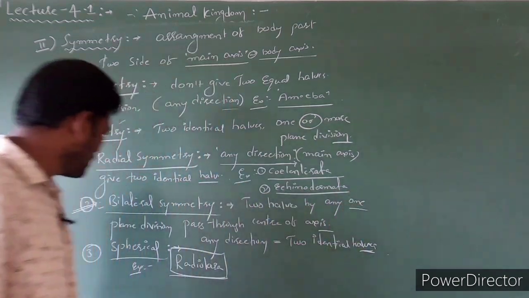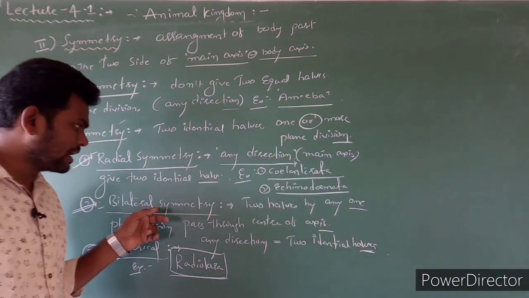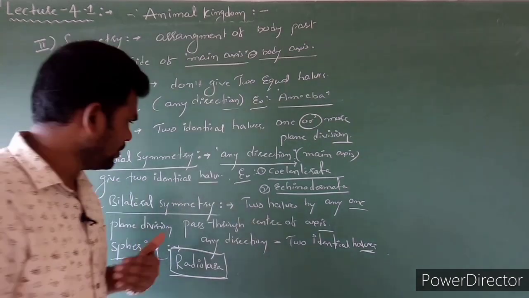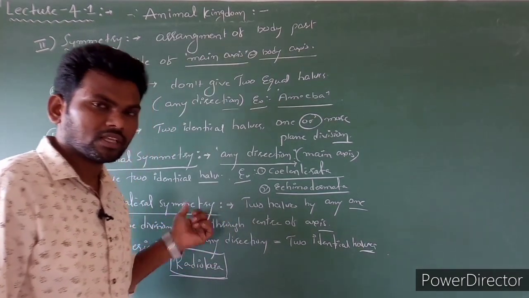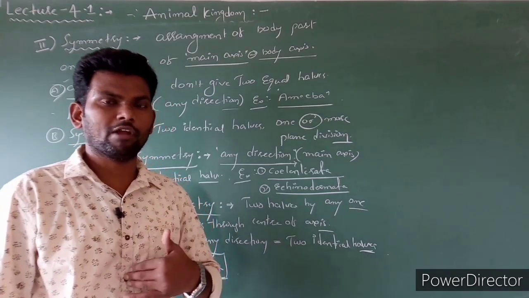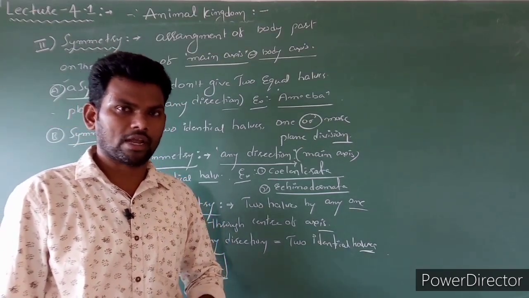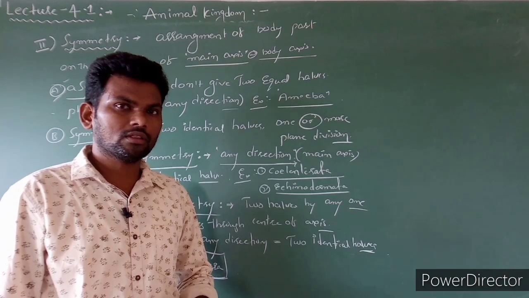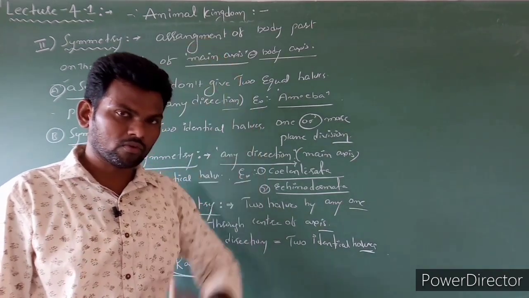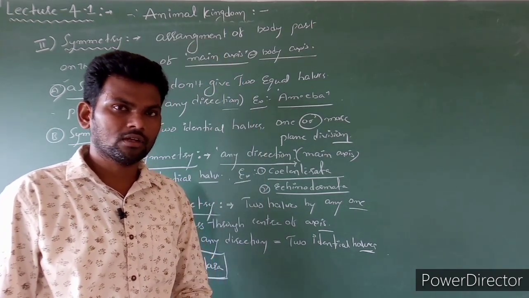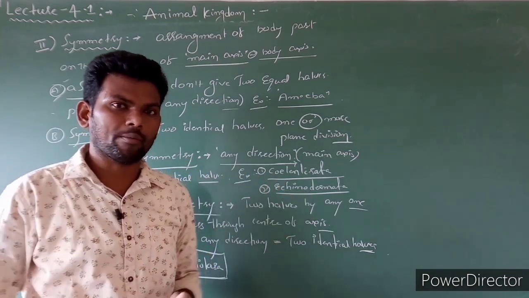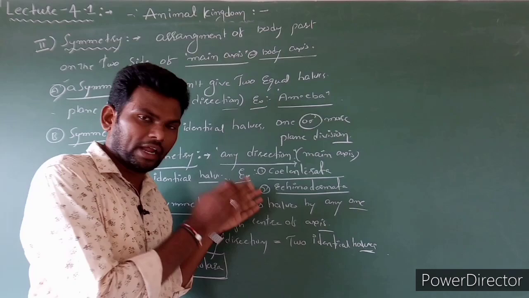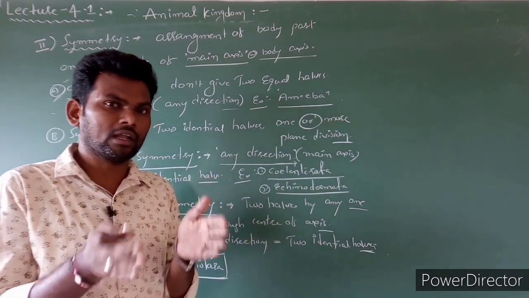Echinodermata. In the case of bilateral symmetry, for example, human is the best example. The center of the axis here is the middle of the body. If you cut like this along the main axis, it will give two equal identical halves, mirror images, right identical and left identical.